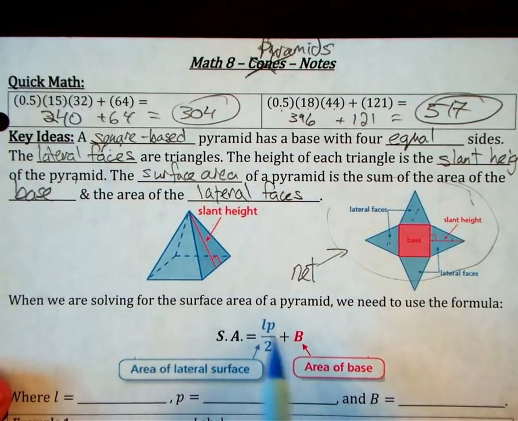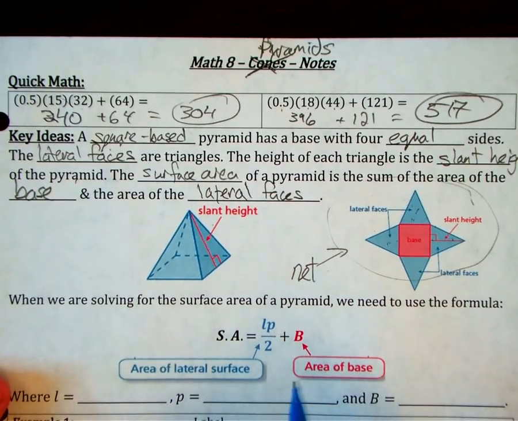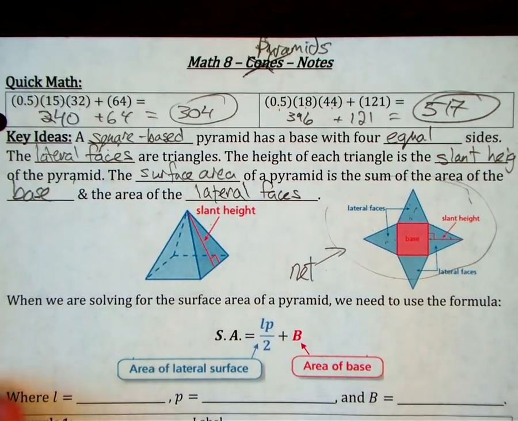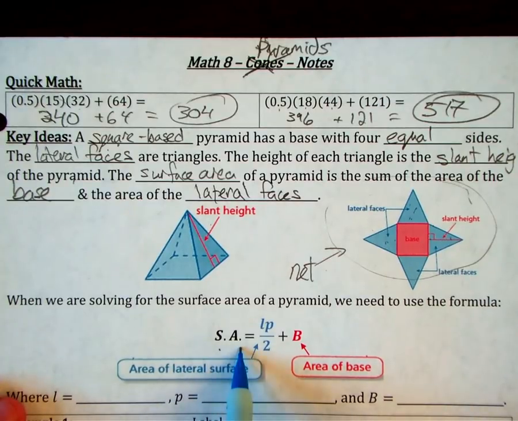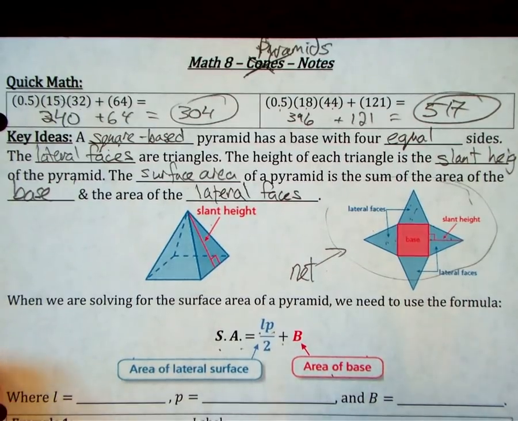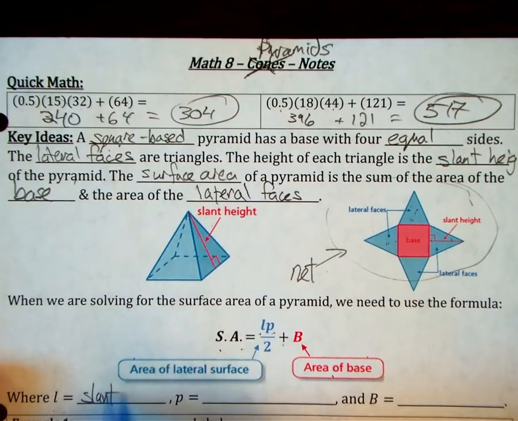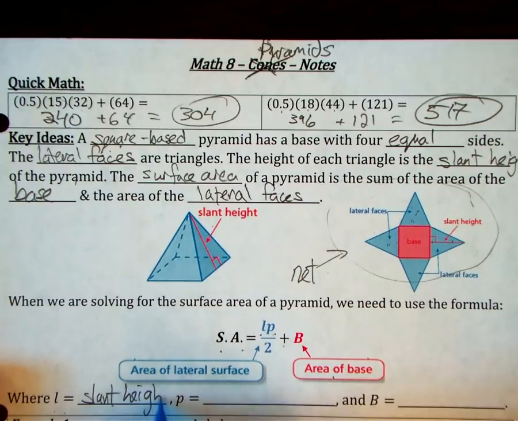And so when we're solving for the surface area of a pyramid, we need to use the formula, and it has surface area is equal to the slant height times the perimeter of the base divided by 2. And we're going to add that to the area of the base. And so, again, L is going to be our slant height of the pyramid.